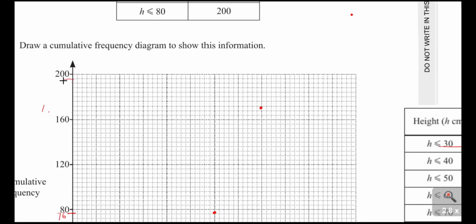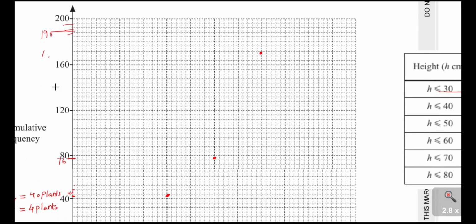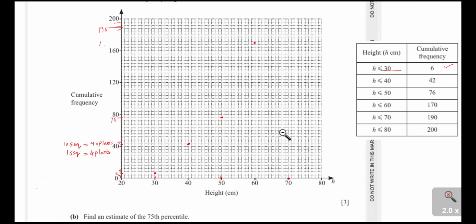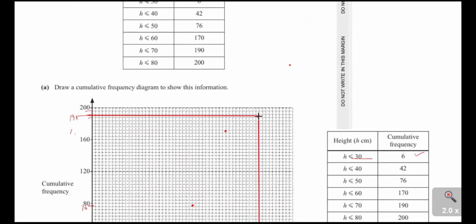This is 196, this position is 192, and this is 188. The middle of this value is 190. Therefore, from 70 we will draw a vertical line, and from 190 we will draw a horizontal line, where both intersect. This will be the position of 190.